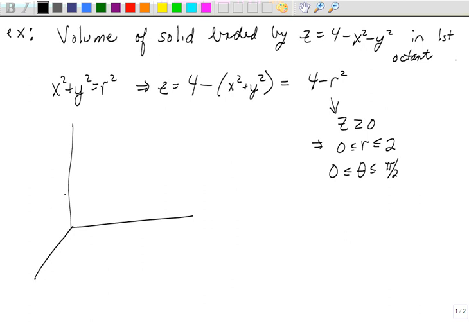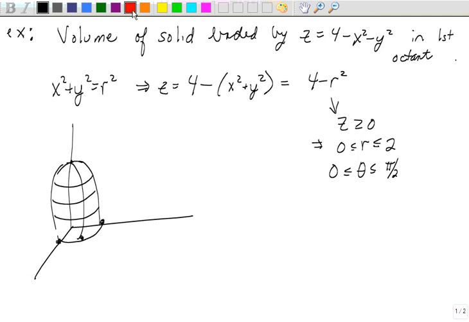we have this parabola, and that's what it looks like.